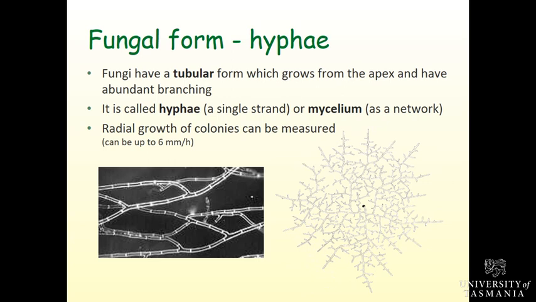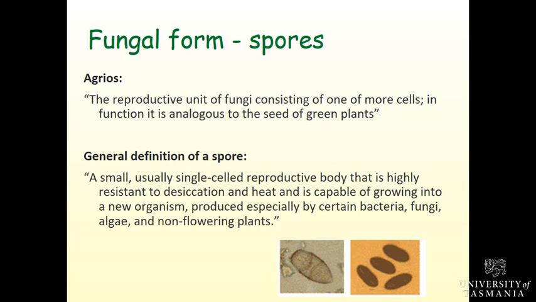They will have different sizes. Sometimes they have distinct branching patterns, whether they're septate or not. Sometimes they have different colours and different growth rates on different media. That can be useful, but often it's the spores, or the spore structures, that are actually more important in terms of clearly identifying what we've got.